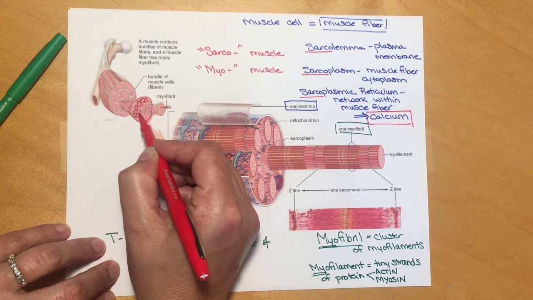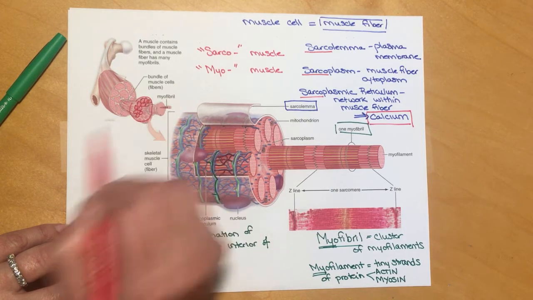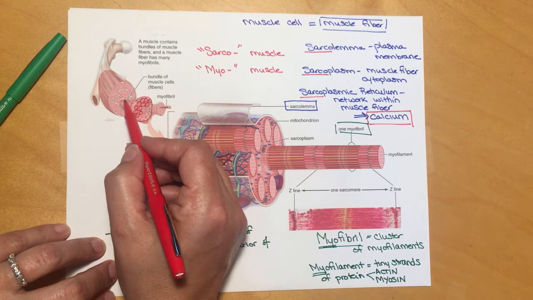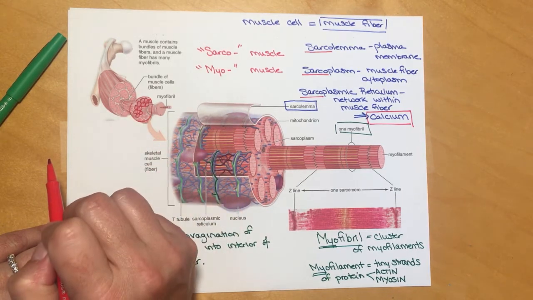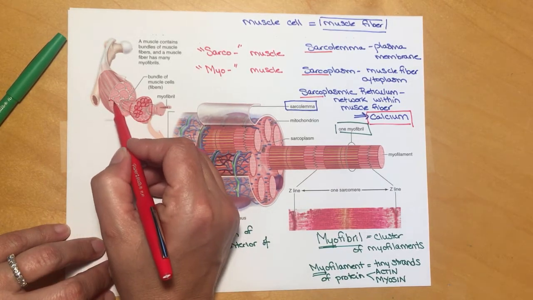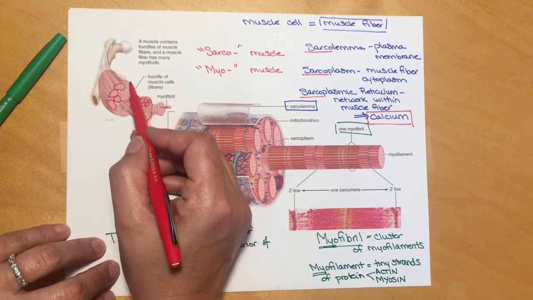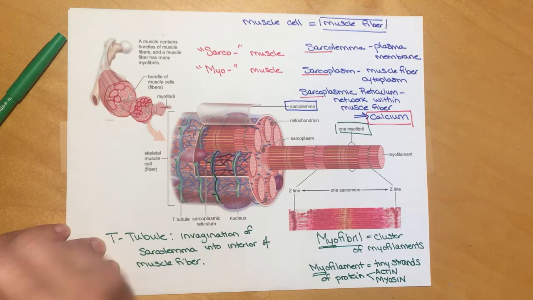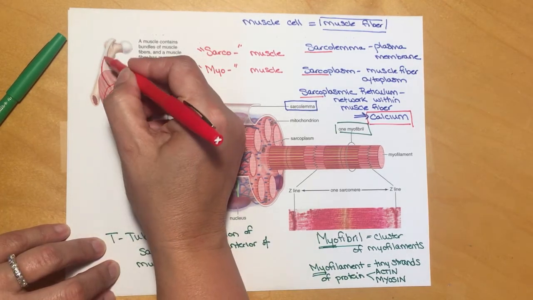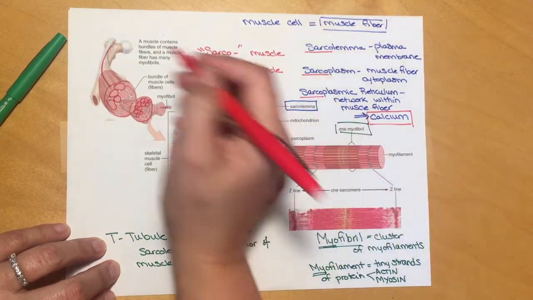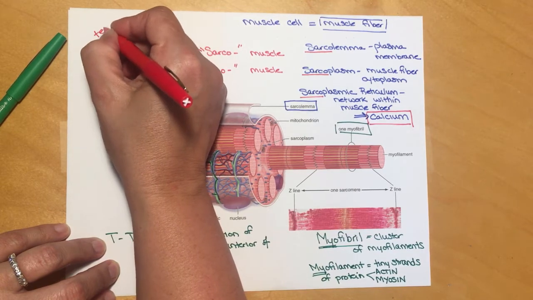Each one of these circles is a muscle fiber. When you take that bundle of muscle fibers and add them together with other bundles of muscle fibers, that finally makes up the entire muscle. That muscle is going to be attached to a bone via a tendon.